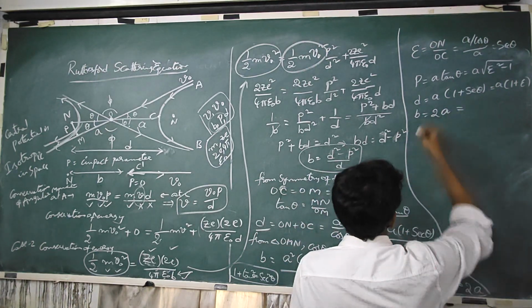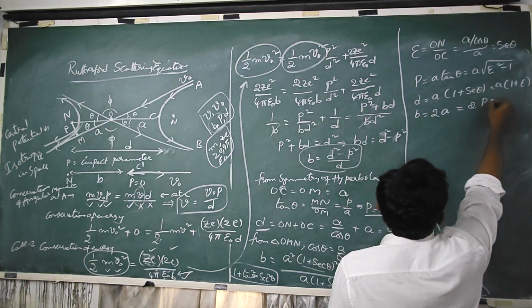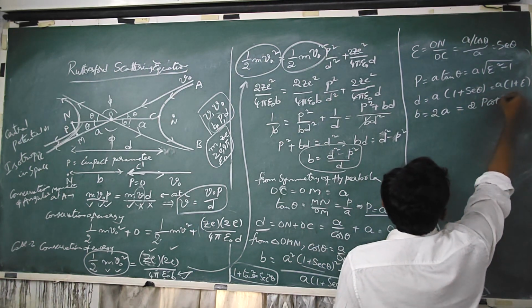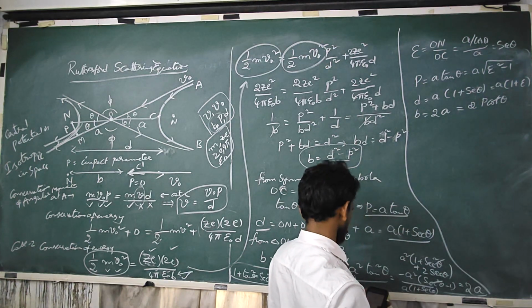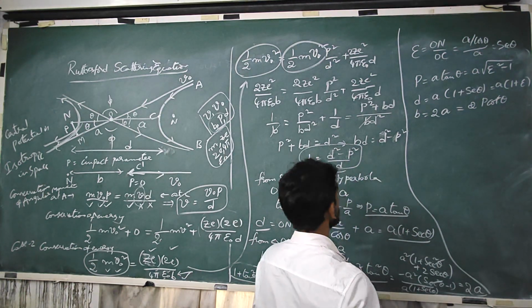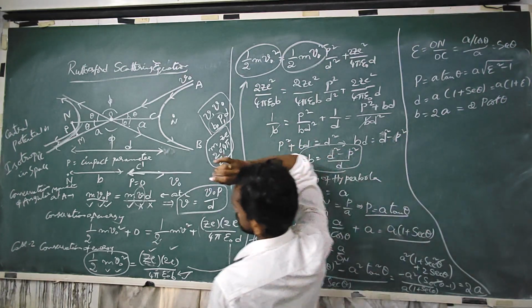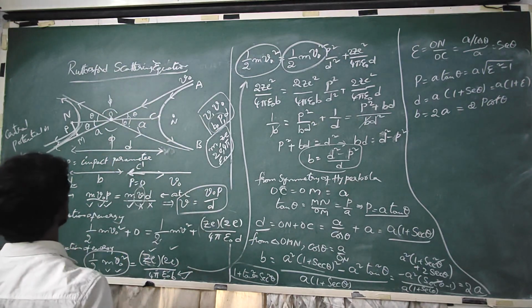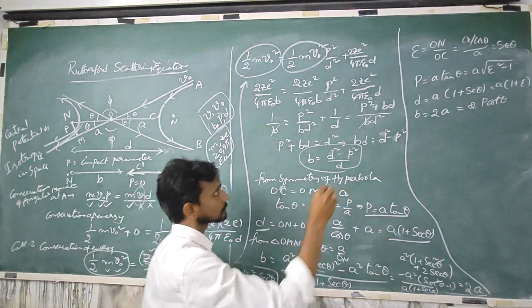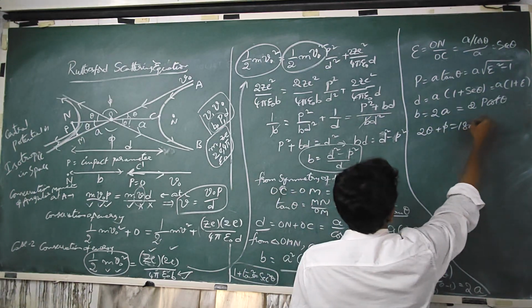We can write it in terms of P if you want. 2 times P cot theta. And that theta also can be written in terms of phi if you want. So what is the relation between theta and phi? 2 theta plus phi is equal to 180 degrees.